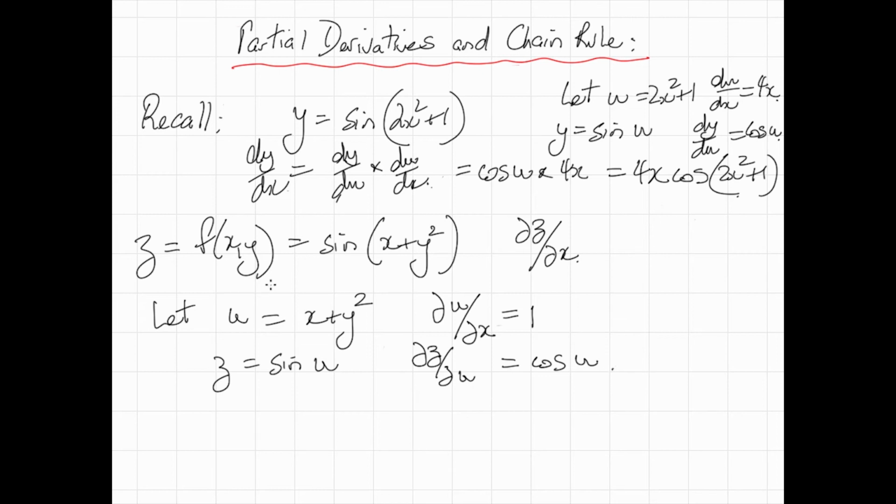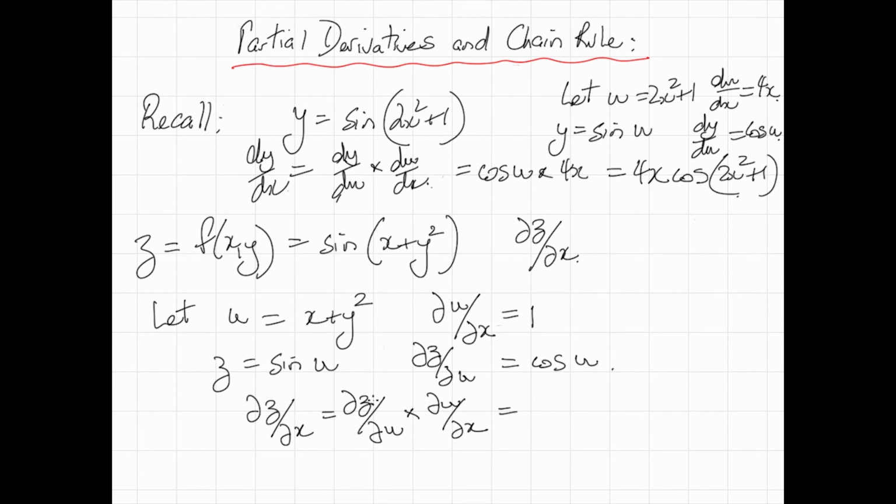So now we can go partial z with respect to x is equal to, using the chain rule like we did up here, partial z, always start with the top one there, with respect to u times, what was the other one? Partial u with respect to x. So once again, it's like the partial du's would cancel out, 1 and 1, and you get partial dz dx.